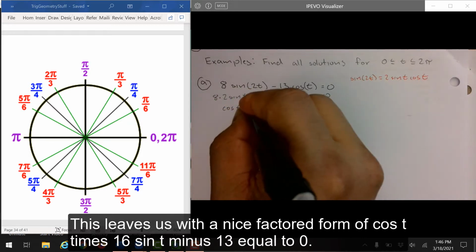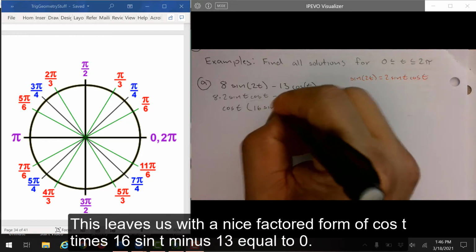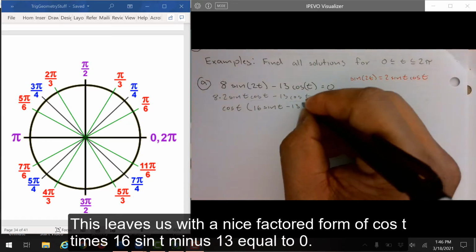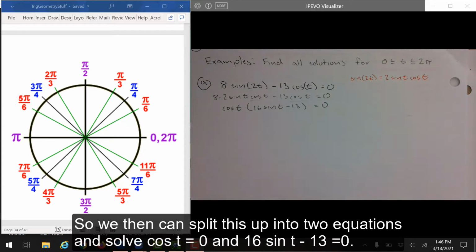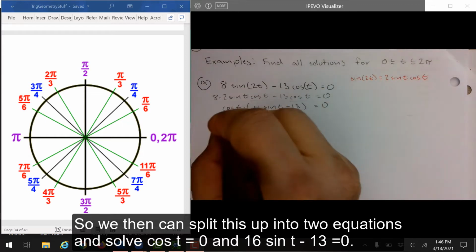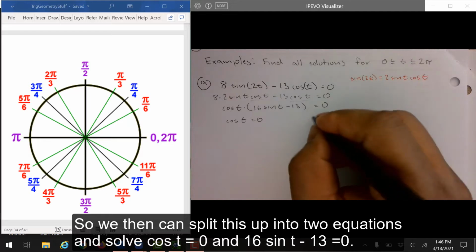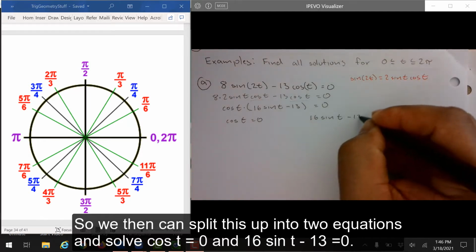This leaves us with a nice factored form of cosine t times 16 sine t minus 13 equal to 0. So we can then split this up into two equations and solve cosine t equals 0 and 16 sine t minus 13 equals 0.